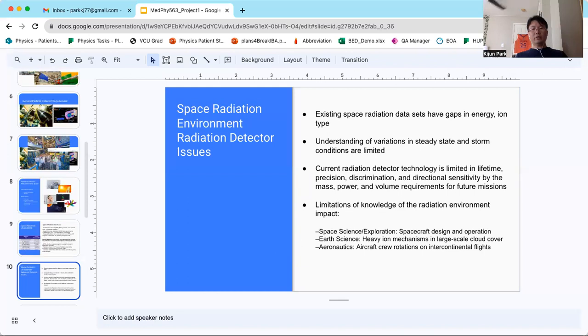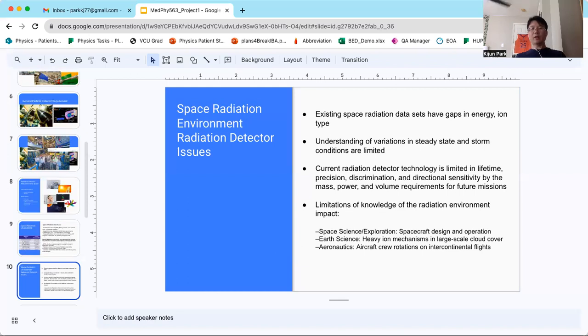And current radiation detector technology is very limited, with a very limited lifetime. The technology is limited, the lifetime is limited, the precision is limited, the discrimination is limited, and the directional sensitivity is also limited. Mass, power, and volume requirements have many subtleties, but they are very critical, and you have to understand these small and big items one by one.